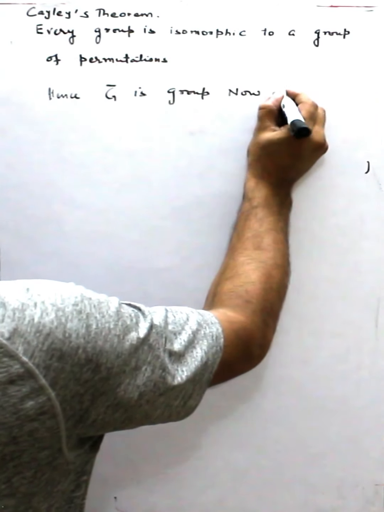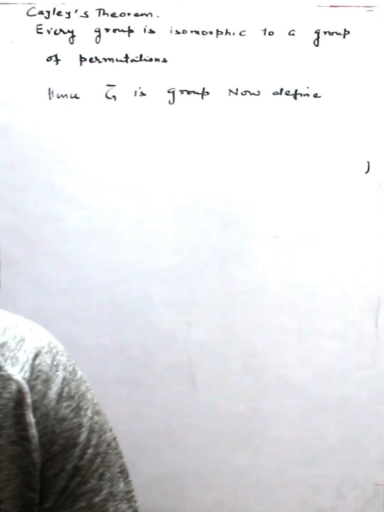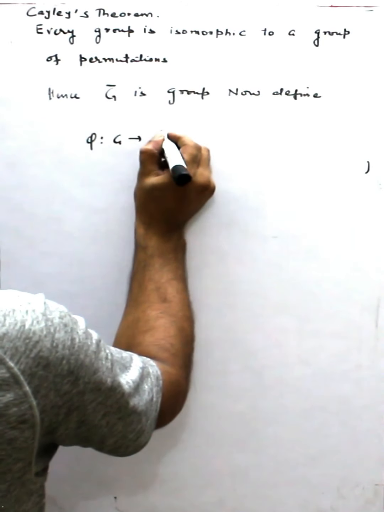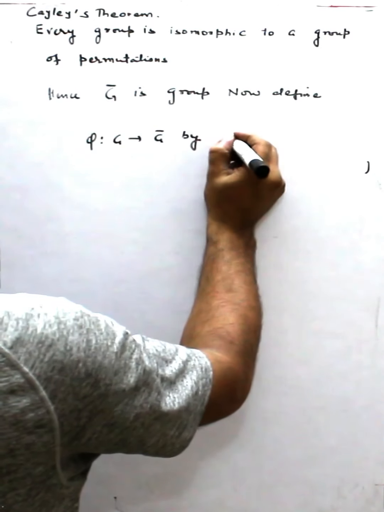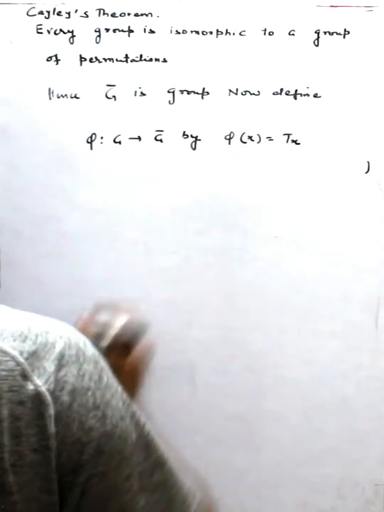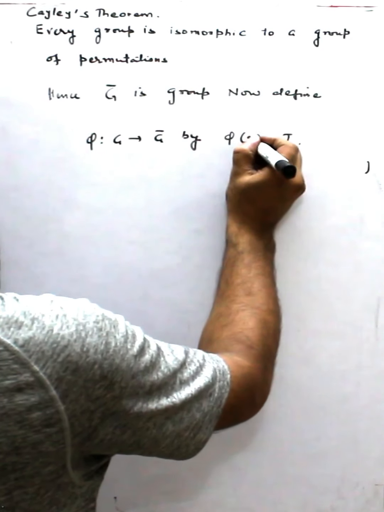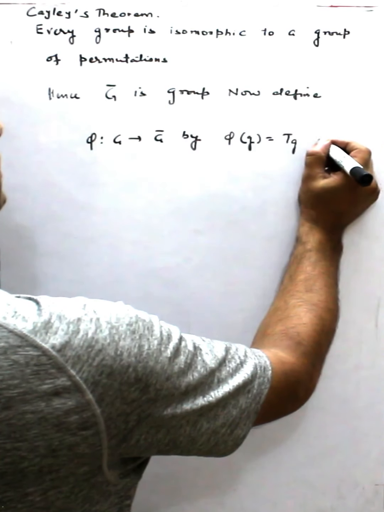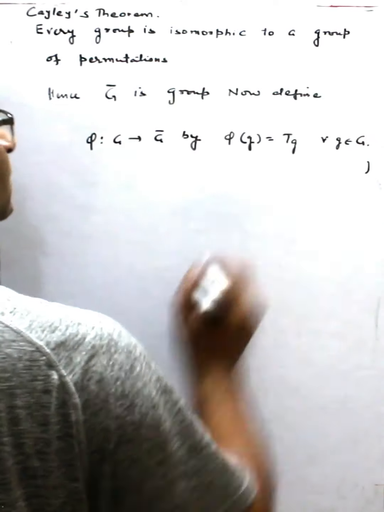Now define phi from G to G bar by phi of g is equal to Tg, for all g belonging to G.